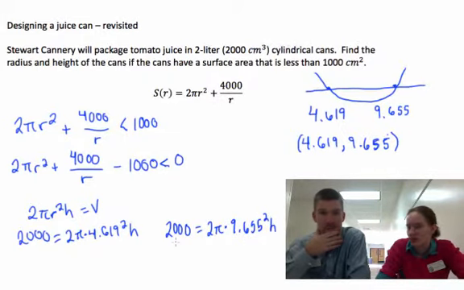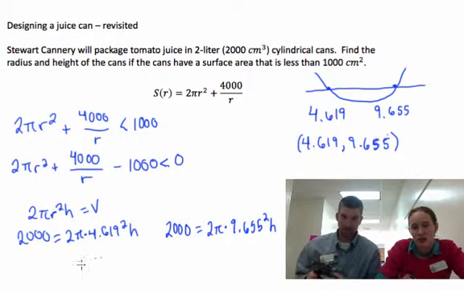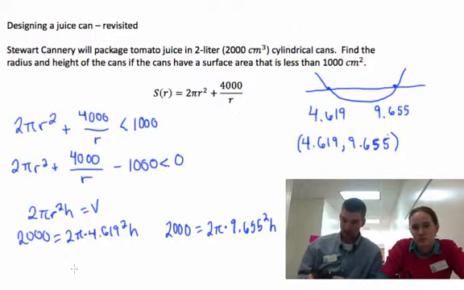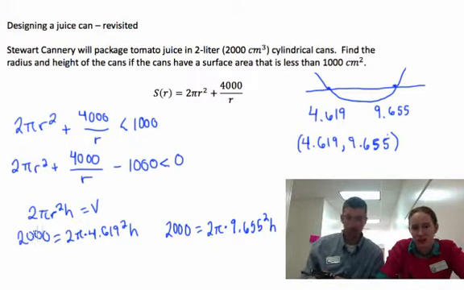So we need to do some calculator work. We're going to solve for h. I'm going to do the whole thing at once: 2,000 divided by parentheses, 2 pi times 4.619 squared.